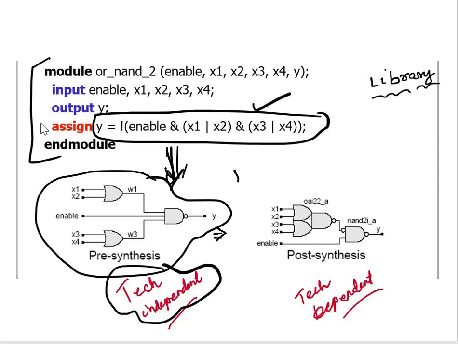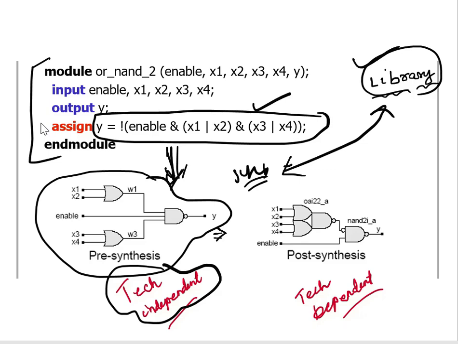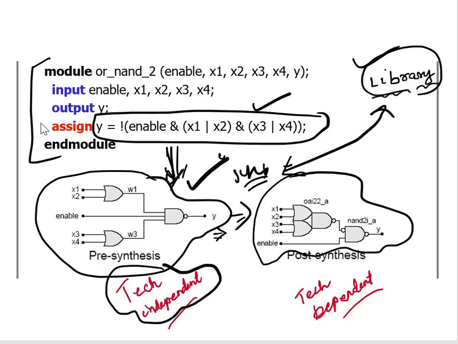But when you synthesize this, if you include a library, that means your synthesis tool will include a technology library, then this circuit will be converted into this one. That means this circuit is optimized by your synthesis tool using the technology library. This is called technology dependent synthesis process or technology dependent design.